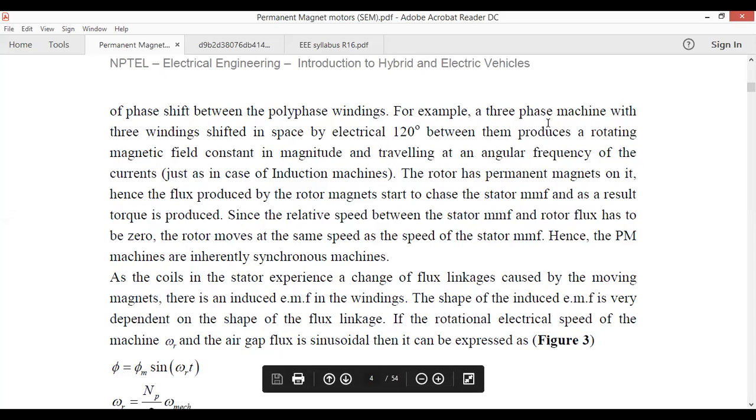The flux magnitude is constant and travels at an angular frequency of the currents, which is the same as that of the induction machines. We are considering it as an AC machine.